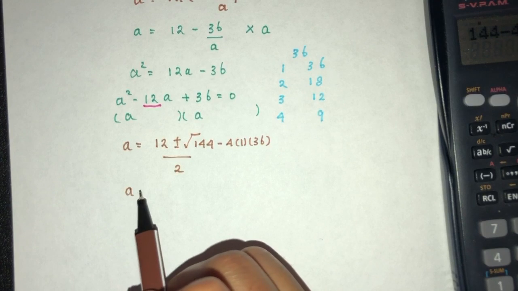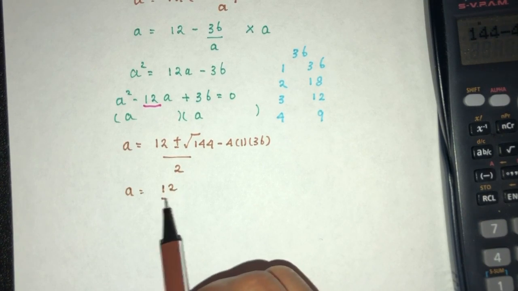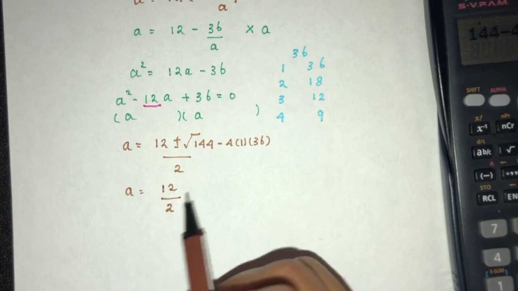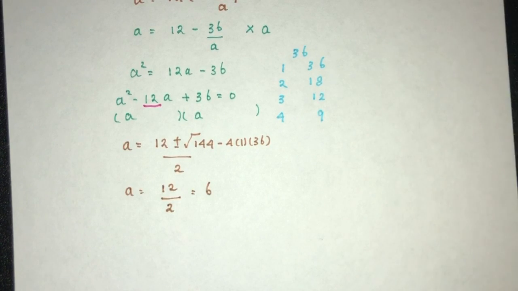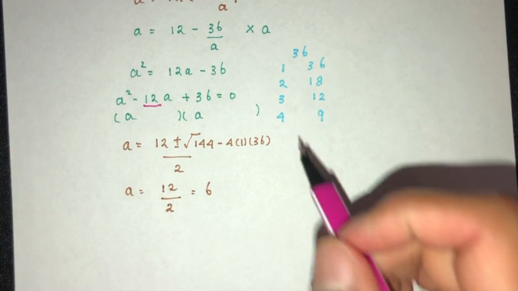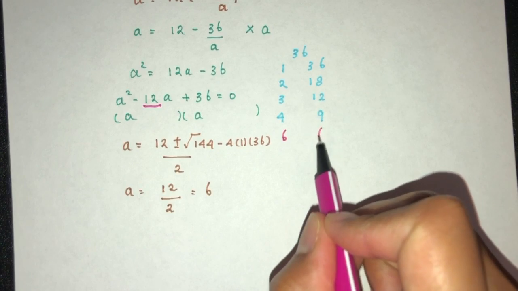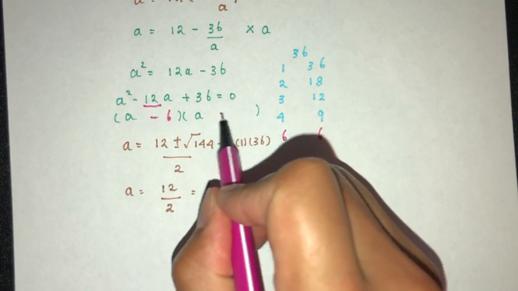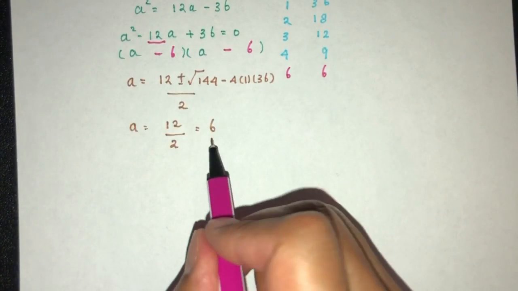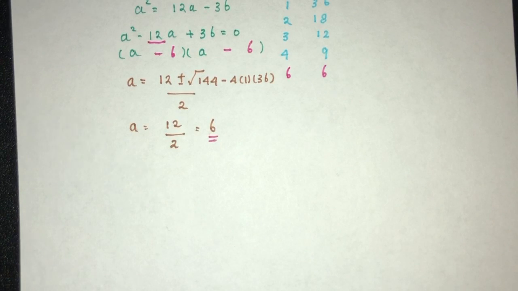So your answer will be 12 over 2, that should be 6. Okay, so yeah, I'm missing one. Obviously, I'm such a dumbass. So 36 is 6 times 6. That should be minus 6, minus 6. So a will be 6. As you can see, if you are confused about factorization, you can always use the formula to find the value of a.